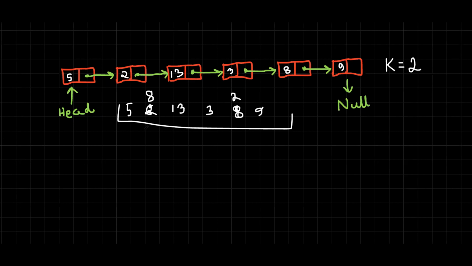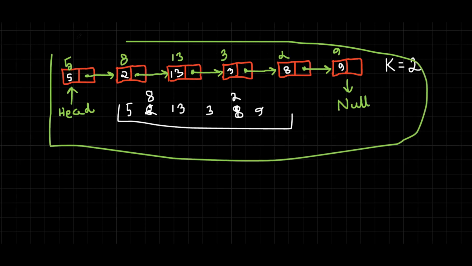So far so good. Now, if we replace the first element with 5, then the second element with 8, then the third element with 13, then 3, then 2, and then 9, then this linked list is our resultant linked list.